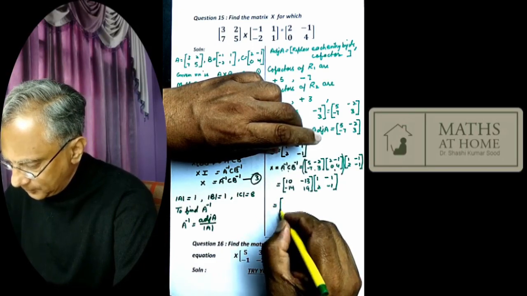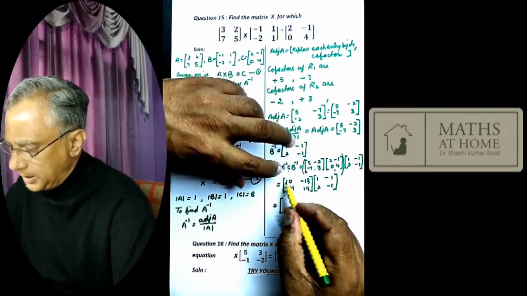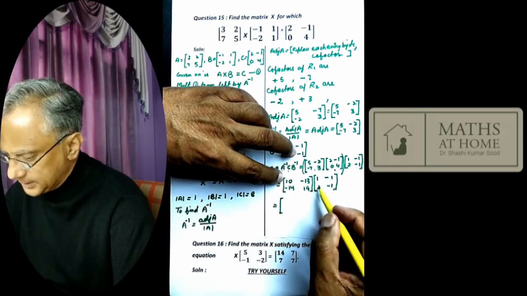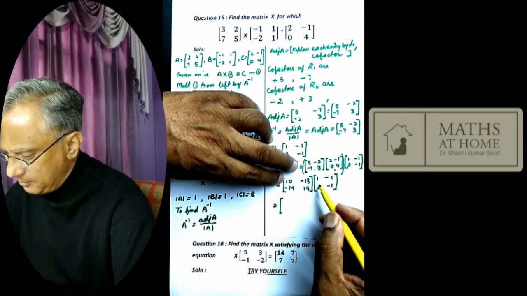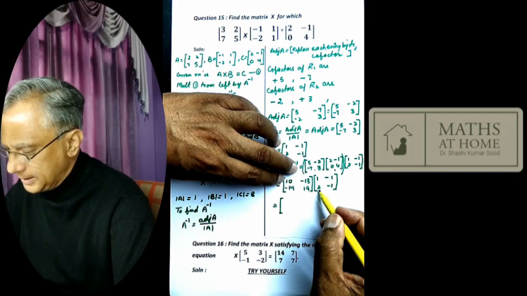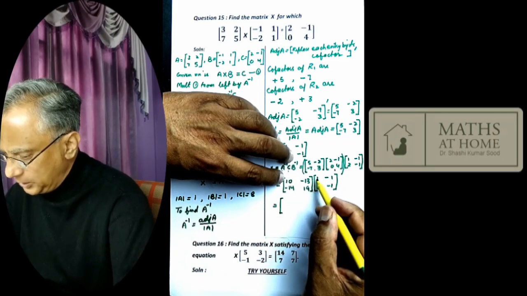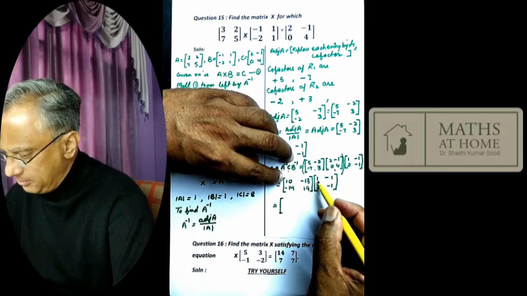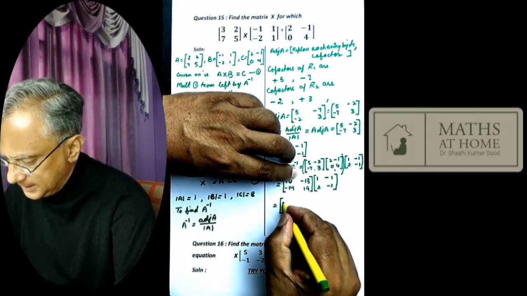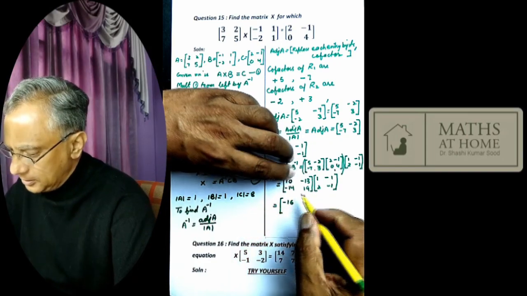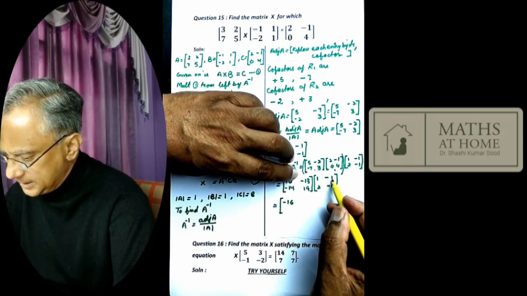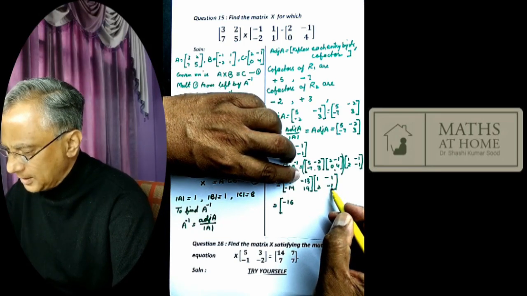Now again, in order to multiply these two matrices, this into this. So this will be 10 minus 26. This into this, this into this. So 10 minus 26 is minus 16. This into this, minus 10 plus 13.